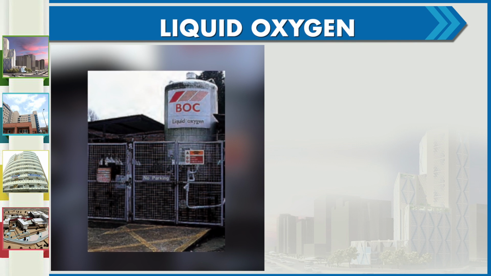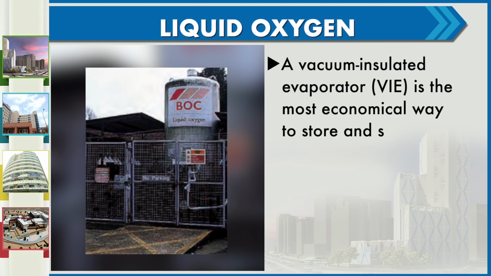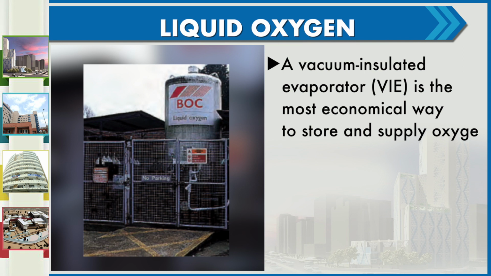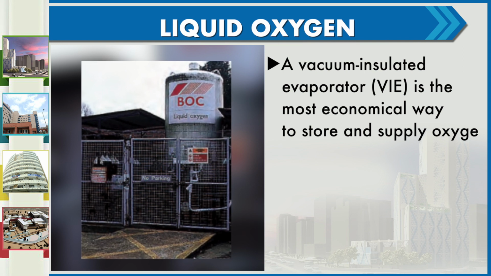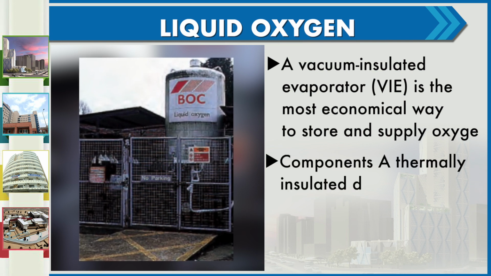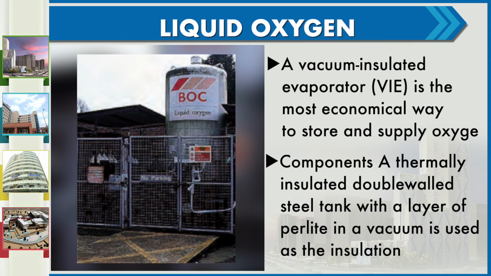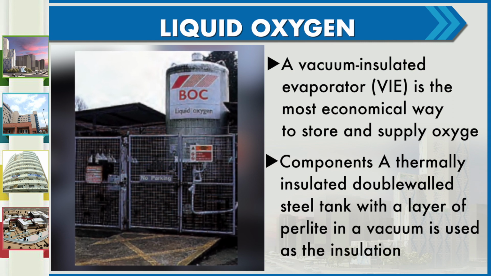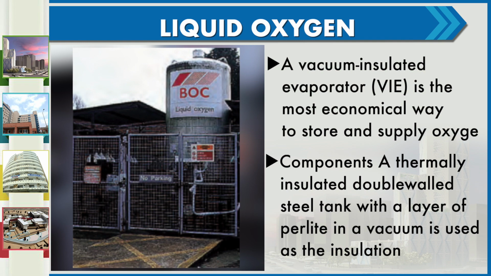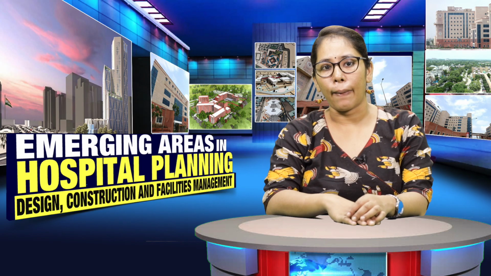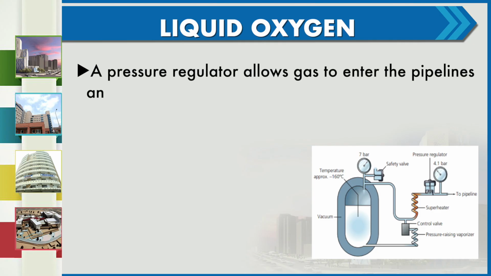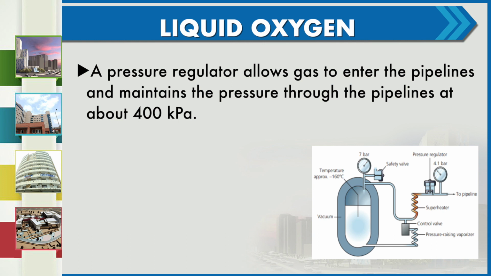Liquid oxygen, in a vacuum insulated evaporator as shown in the figure, is the most economical way to store and supply oxygen. The components here are a thermally insulated double-walled steel tank with a layer of perlite in a vacuum used as insulation. A pressure regulator allows gas to enter the pipeline and maintain the pressure through the pipeline at about 400 kilopascals.